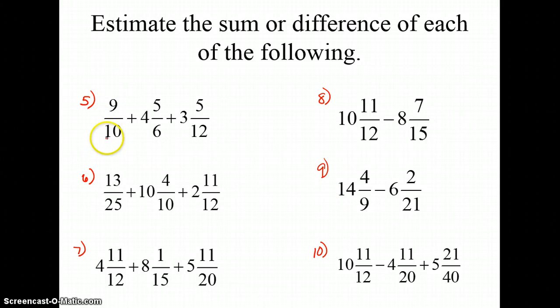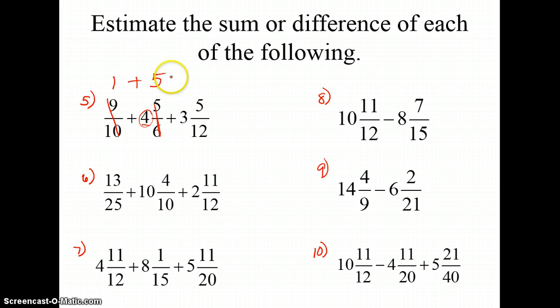So 9/10. 9 is very close to 10, so I would round that to 1. 4 is a whole number, so I'm going to leave that, and 5/6. 5 is very close to 6, so I'm going to estimate that and make it 1, but since I've got this 4 in front of it, I'm going to turn 4 and 5/6 into 5, because I've got the whole number of 4 plus my fraction, which I've estimated as 1.